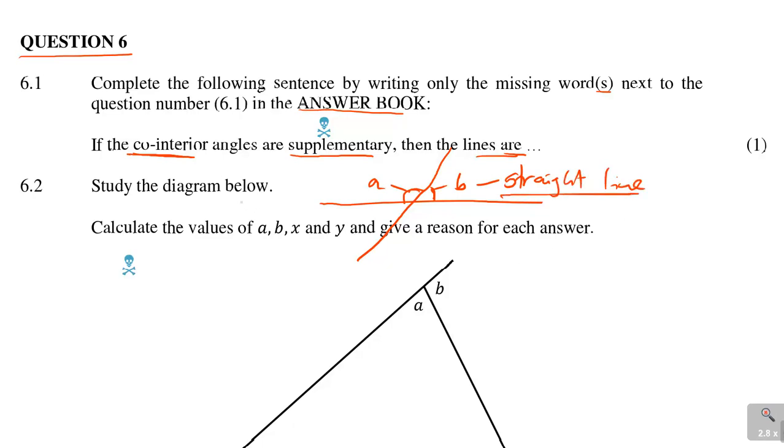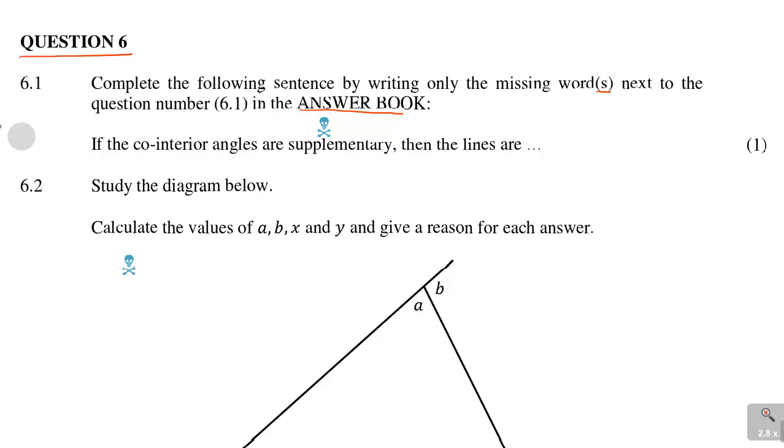You understand? Actually, I think I'm writing this one wrong. Let me look at this in a different way. Let's say you have this one like that. I think that would be the better one, this one is much better for supplementary. So if co-interior angles, you see that one?